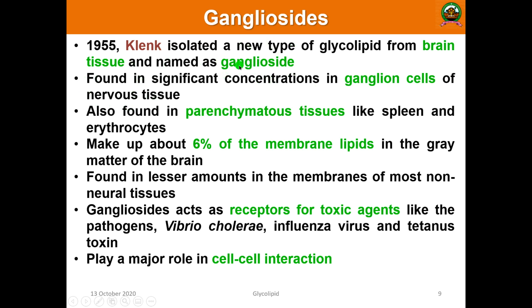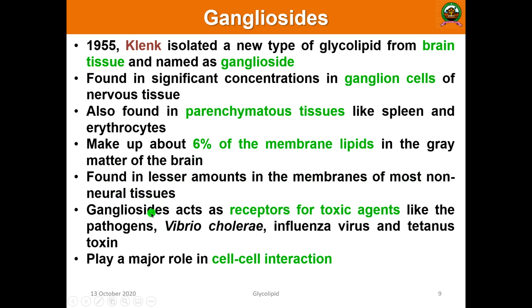It is also present in other tissue such as parenchymatous tissue like spleen and erythrocytes. These gangliosides constitute approximately 6% of the membrane lipids in the gray matter of the brain, but are found in very small quantity in the biomembranes of most non-neural tissues.